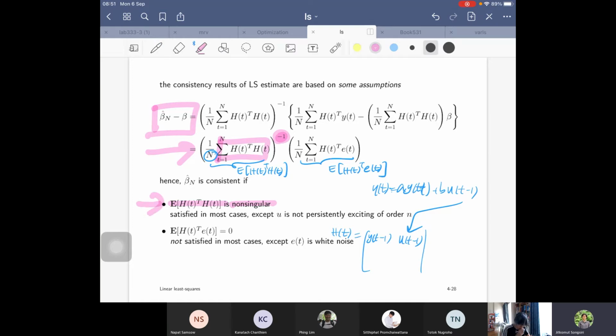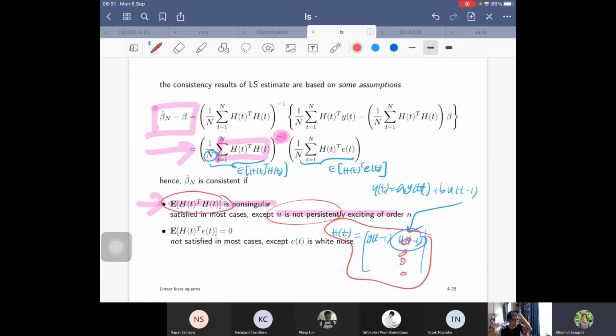This assumption is not hard to satisfy, and that's why we require U to be persistently exciting of order n. Think about when U is useless, just like an impulse, so U is going to be 0, 0, 0 most of the time. In that case, it makes your regressor matrix ill-conditioned, in the sense that the expectation of H transpose H could be singular if U doesn't contain useful information.